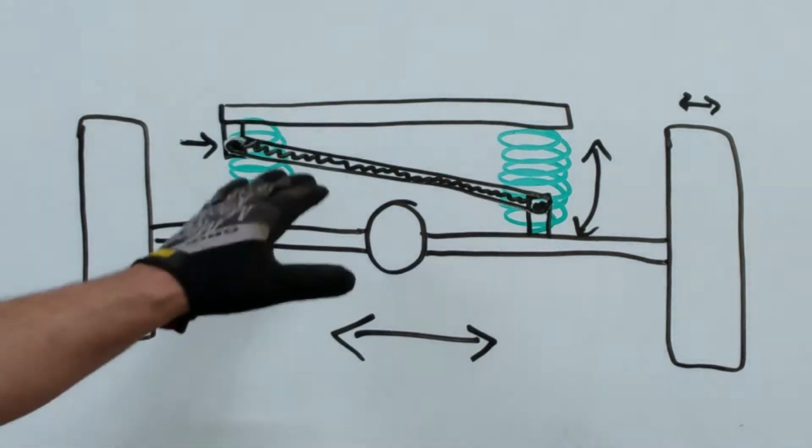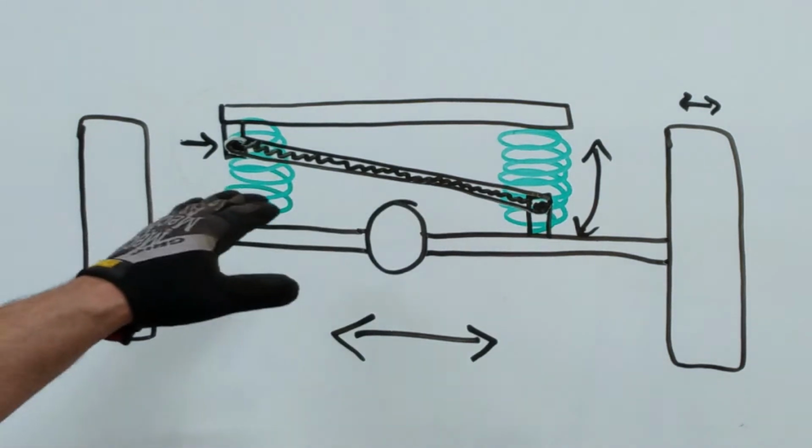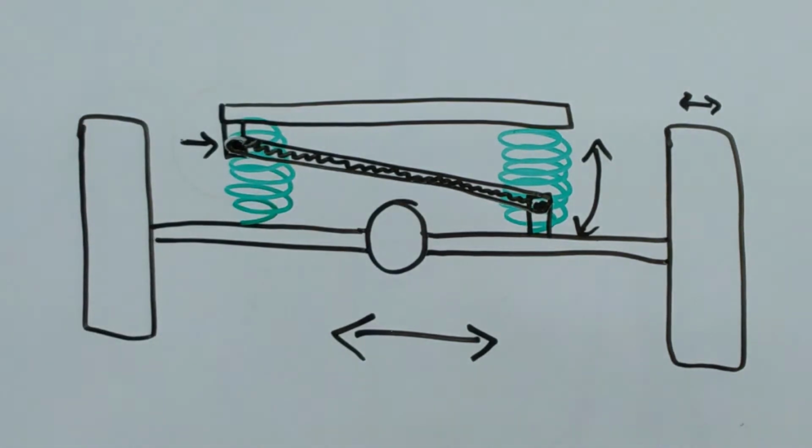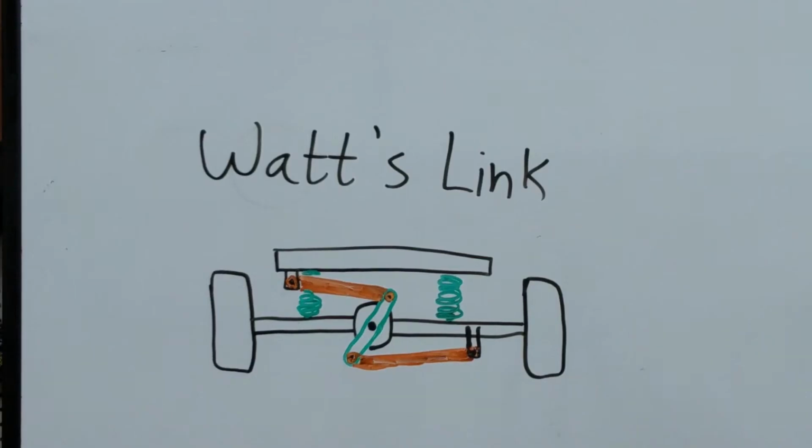There's another variation of the track bar that allows for complete tracking of the axle, and that's called a Watts link. This example is a little challenging to illustrate on a whiteboard, especially with my advanced artistic abilities, but I'll briefly cover it, and I'll bring it up more in person, because this is a very well-designed system for limiting how much the axle moves side to side on a coil spring suspension.